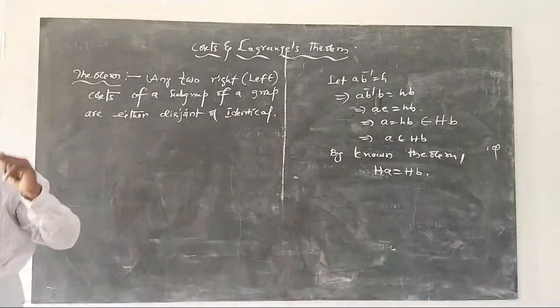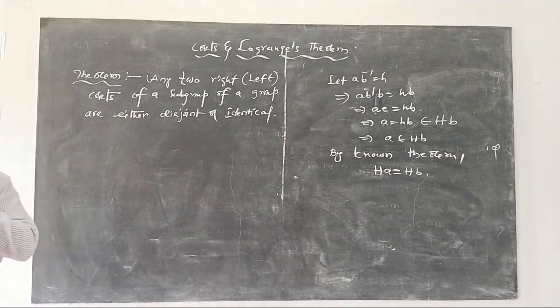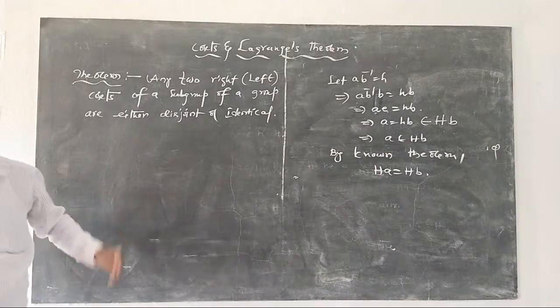What is meant by disjoint, and what is identical? Identical means equal.